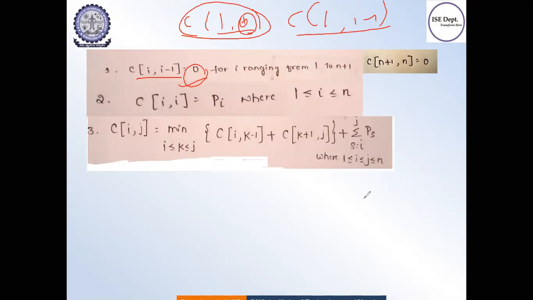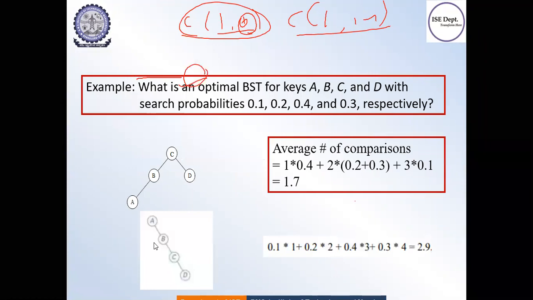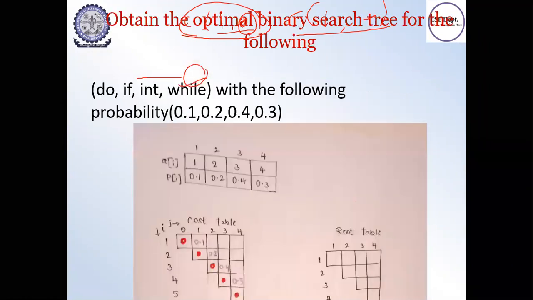So what I was saying here is, go to the previous example. Here it is 1 comma 0, 2 comma 1, 3 comma 2, correct? The j value should be 1 less than the i value.